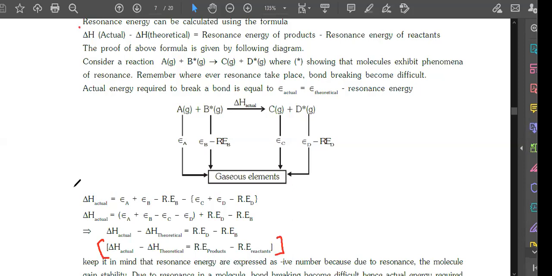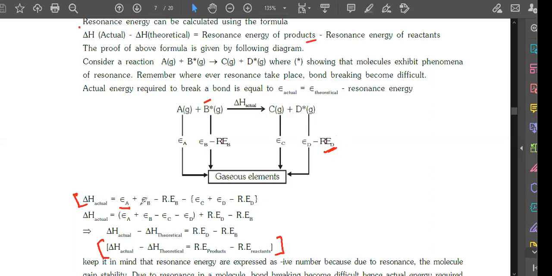Because when you talk about delta H actual, it is bond energy of A plus bond energy of B, minus resonance energy of B, minus bond energy of C, minus bond energy of D and resonance energy of D. Yes or no? So this is your actual.